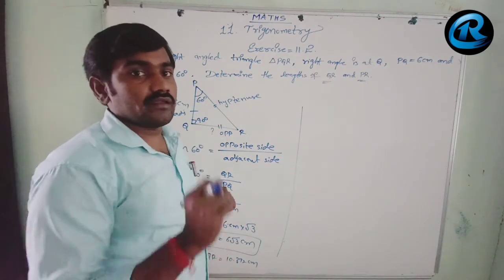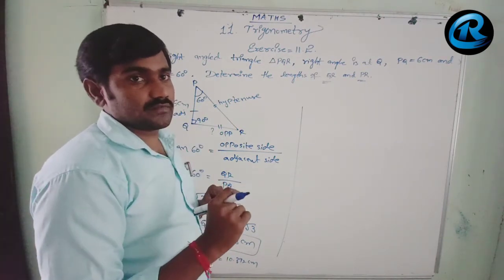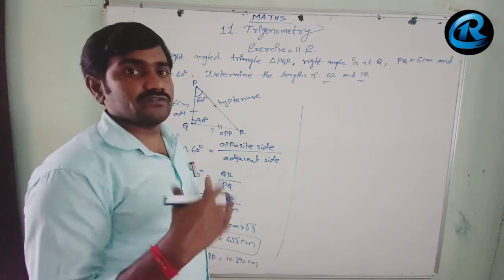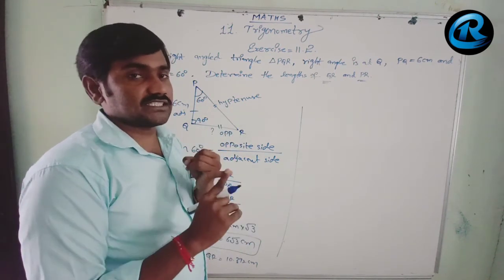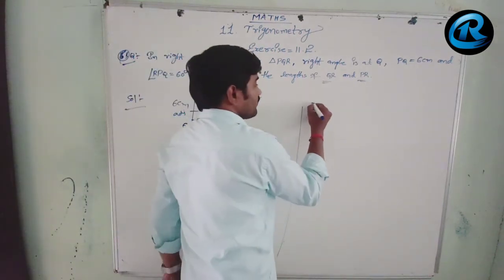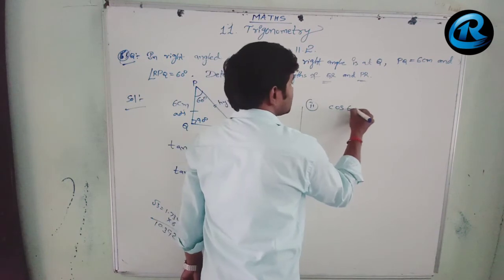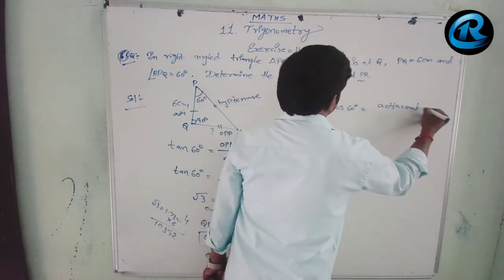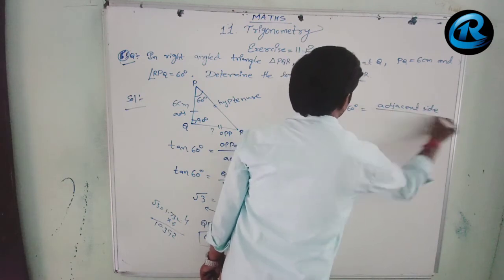Adjacent to hypotenuse, which ratio can we use? Either sec theta or cos theta. Very familiar, so we go for cos 60 degrees equal to adjacent side by hypotenuse.